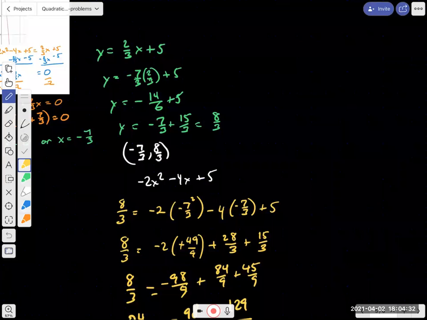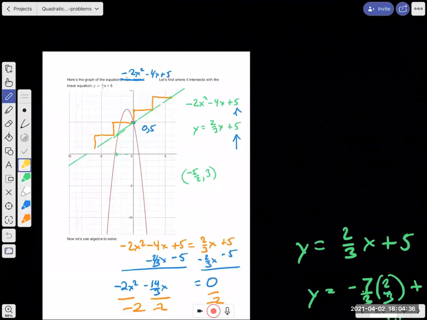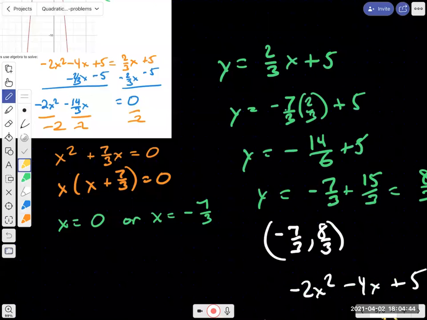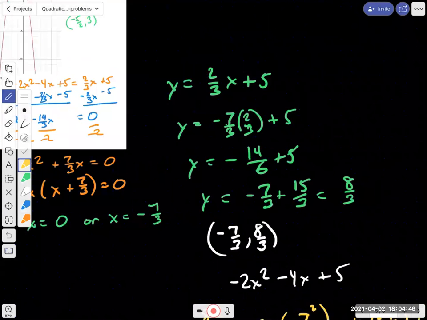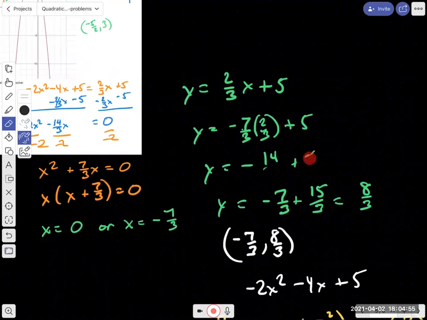So let's double check if it was really 8/3. Okay, so our answer here, intersection seems to be a little bit more than 8/3. So let's just double check that. So there you see it. Just think of how many times you've had a teacher yell at you for this.